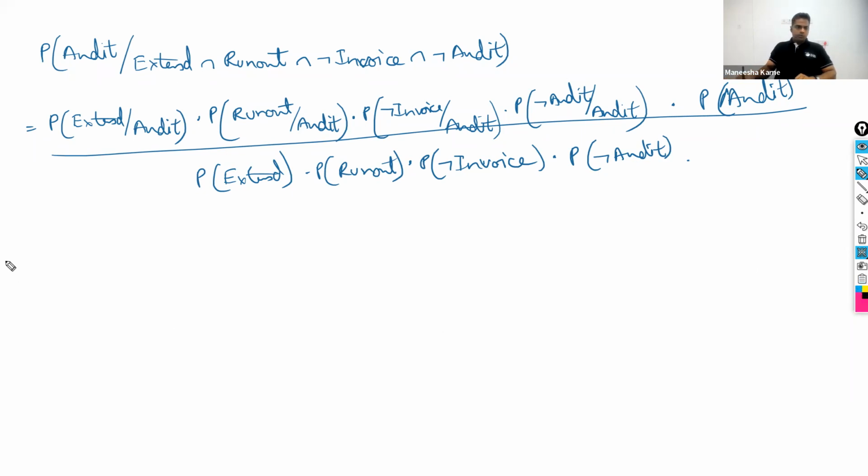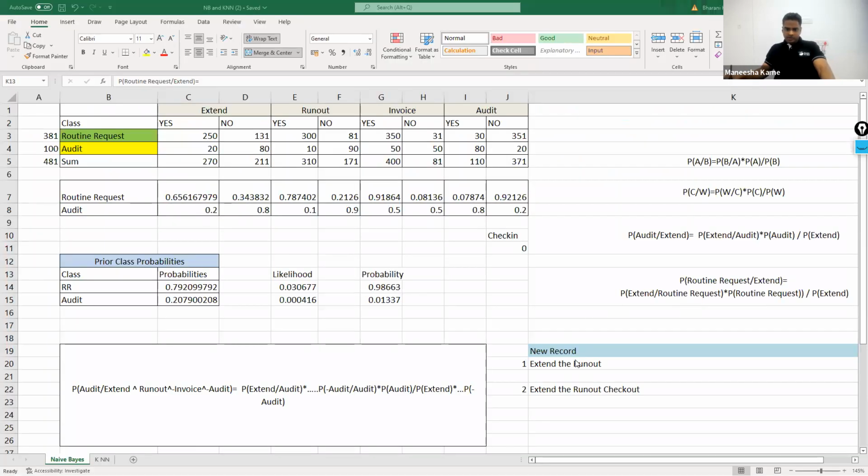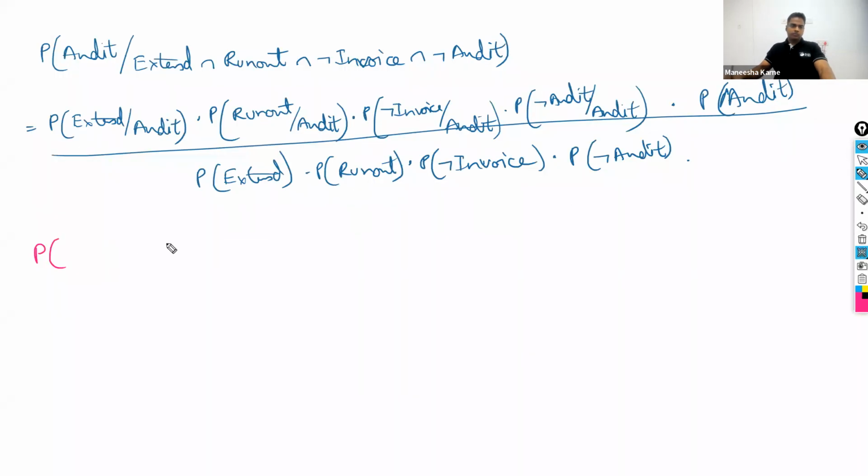You also need to figure out what is the probability that this specific request, extend the run out, belongs to routine request class. I'll say routine request, given that it has the word extend and it has the word run out and it does not have the word invoice and it does not have the word audit.